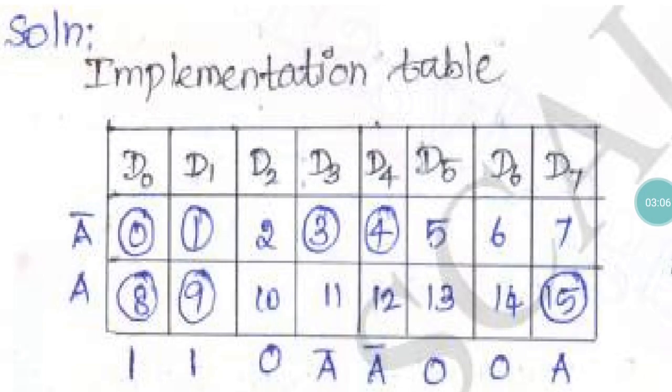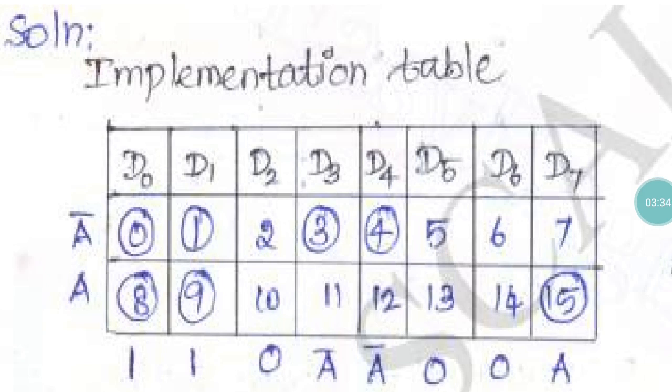We have to draw the implementation table for the given multiplexer circuit. The given 8:1 multiplexer has 8 data input lines, so the data lines start from D0, D1, D2, D3, D4, D5, D6, D7.